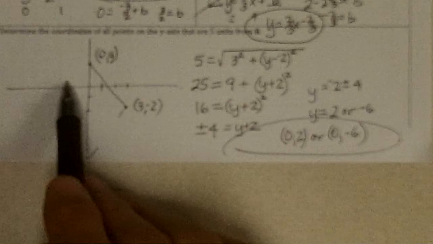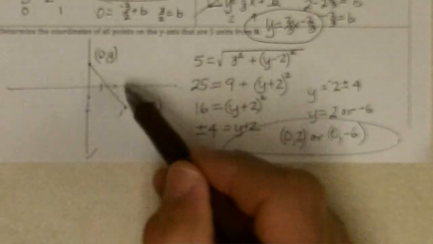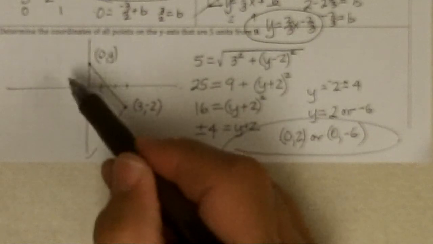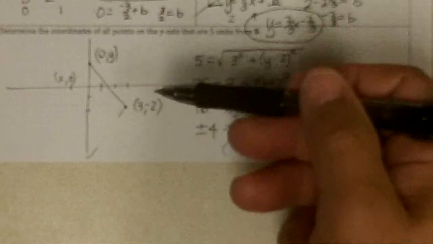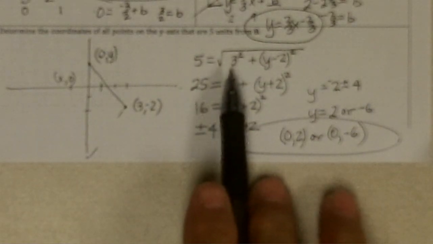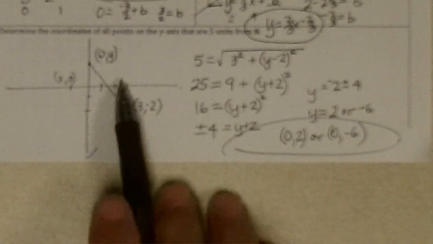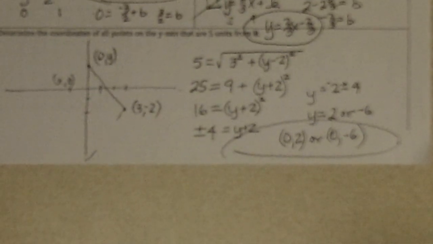Now, if I was asking you to be 5 units away on the x-axis, the point would be something like x comma 0, because the height is always 0 on the x-axis. And you would have x minus 3, and the change in y would always be 2. Just in case I swap them on the actual test. All right, that's page 1 of the sample test.